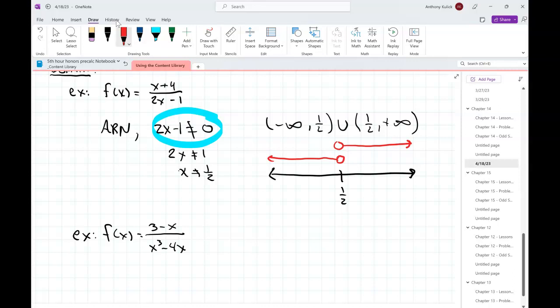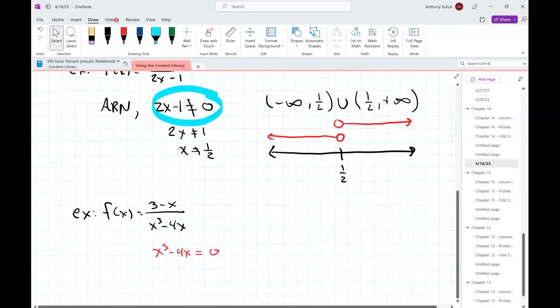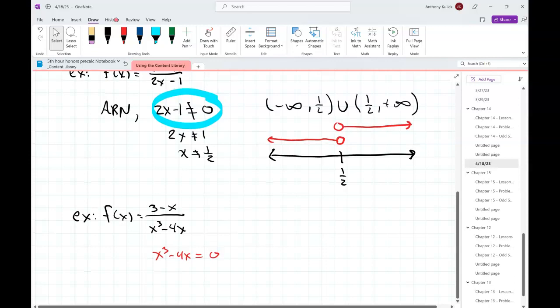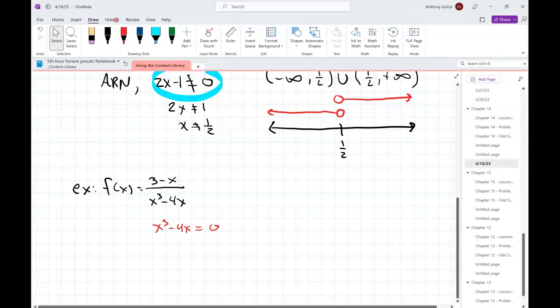So to find the domain, what do I start by doing? Set the denominator equal to 0, right? So x cubed minus 4x equals 0. How do I want to solve that?